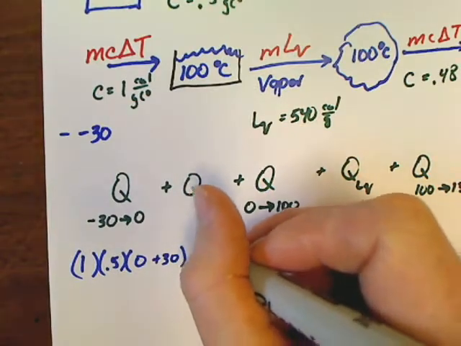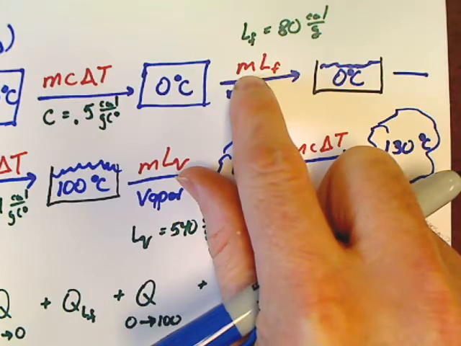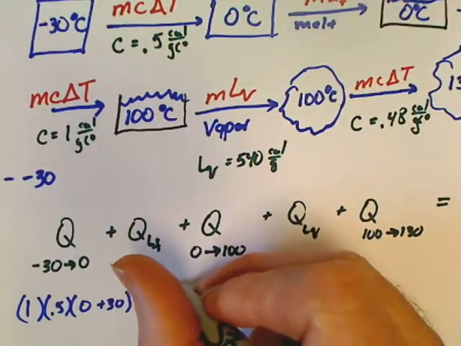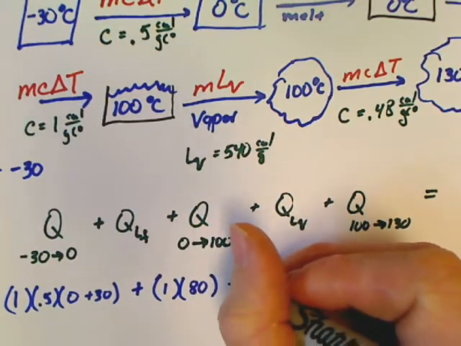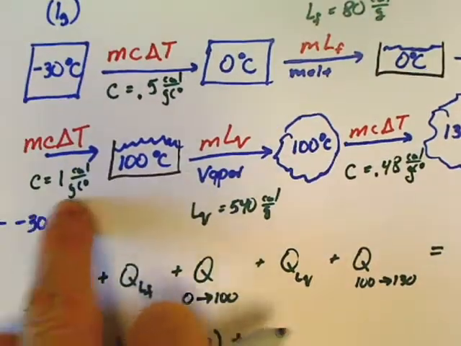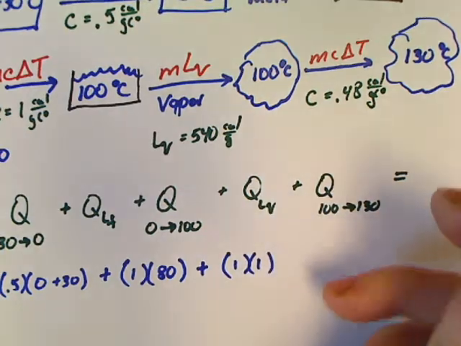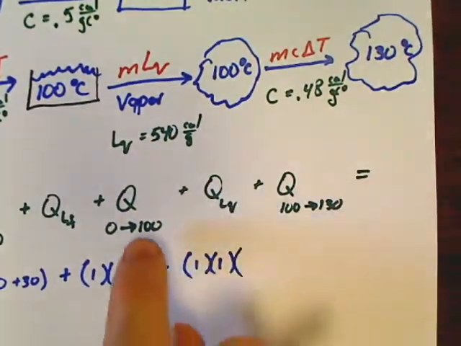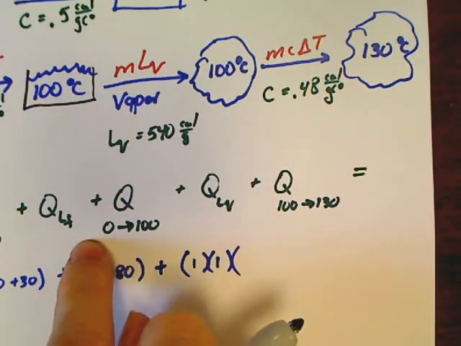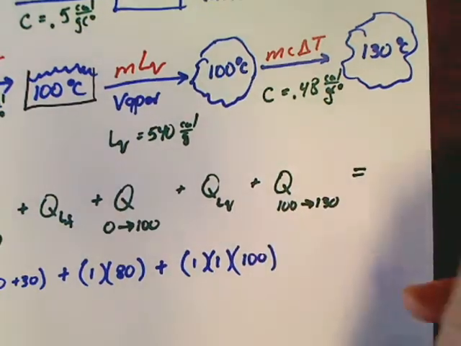Now plus QLF. That would be 1 times 80. I love convenient numbers. Plus, now I'm at the part where I'm going to heat up the water. So M is 1 times 1, because we're water right now, and water has a specific heat of 1. And we're going to go 100 minus 0, which is just 100.